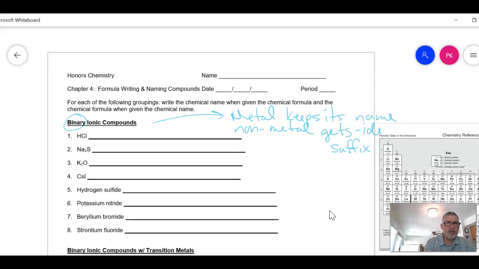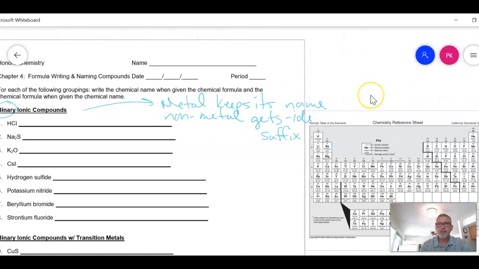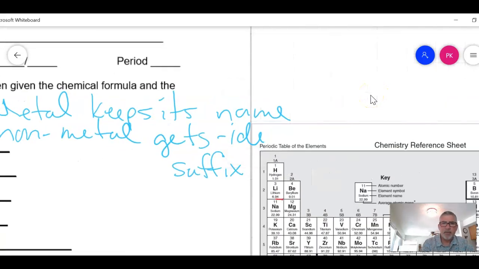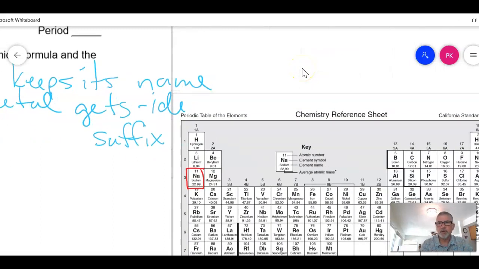For this assignment, you're doing the odds, or you're doing the evens, right? So let's work on some evens first. The first one, NaS. If we come to our periodic table over here, we'll see that Na is right here, and S is over here.